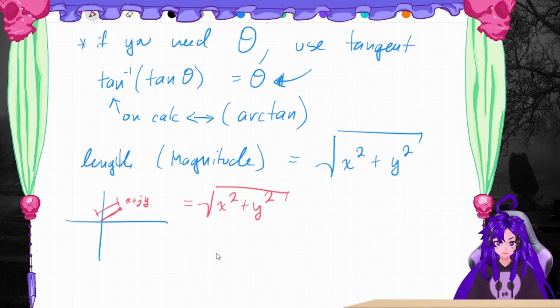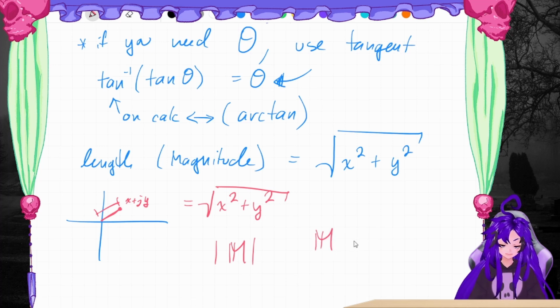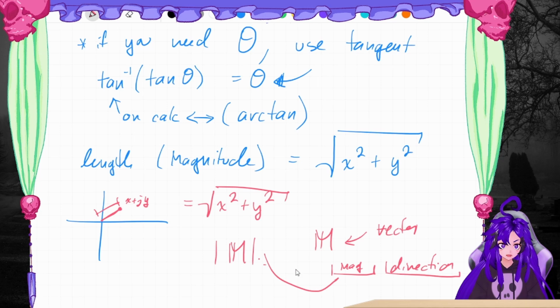Also, for the sake of dealing with me, this is magnitude, because this is the vector m. A vector has a magnitude and a direction. This is the magnitude.